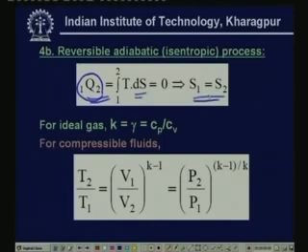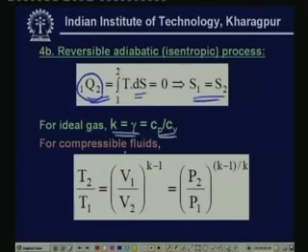And if the fluid behaves as an ideal gas, then you have an additional relation. This isentropic coefficient K is equal to the ratio of Cp by Cv.